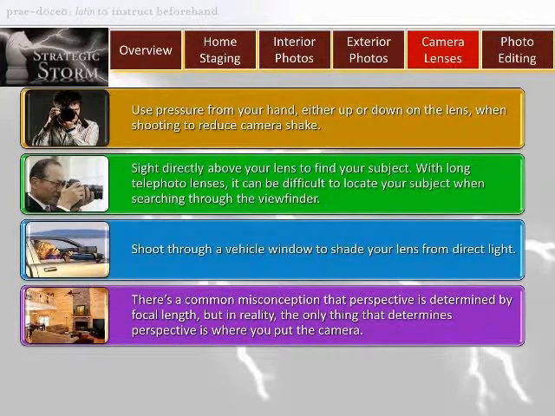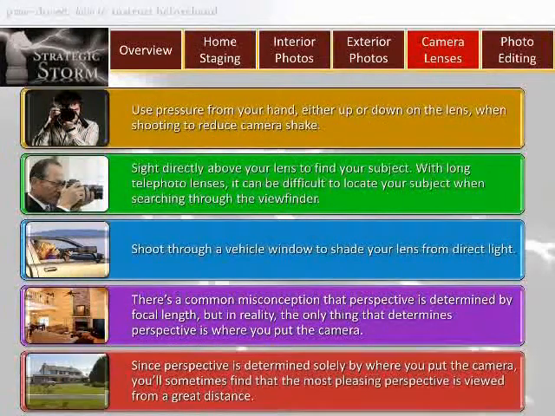And that's not so obvious. Since perspective is determined solely by where you put the camera, you'll sometimes find that the most pleasing perspective is viewed from a great distance. So to fill the frame with this perspective, you'll need to zoom in to a longer focal length.